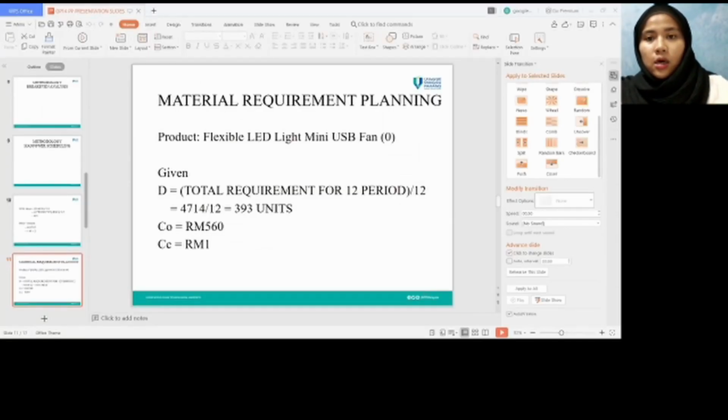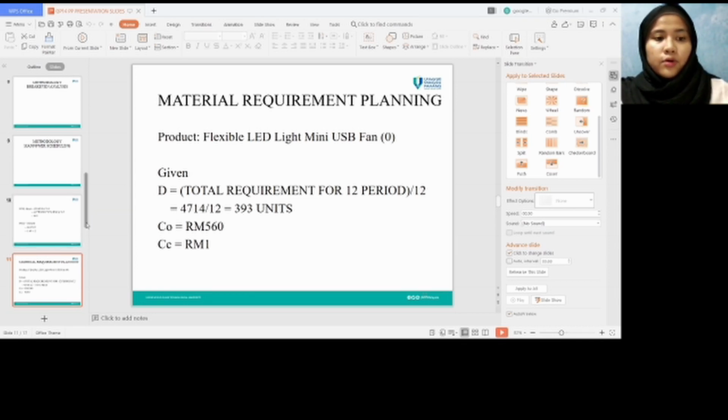Assalamualaikum. I will present my part, material requirement planning. Our final product is the flexible LED light mini USB fan. The given annual demand is 4,740, cost of ordering is RM516, and cost of carrying is RM1.